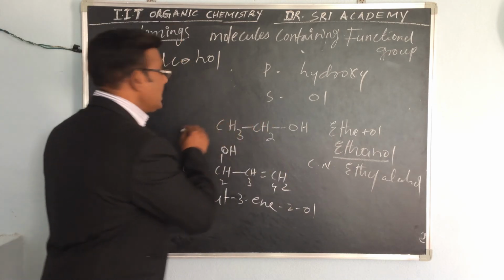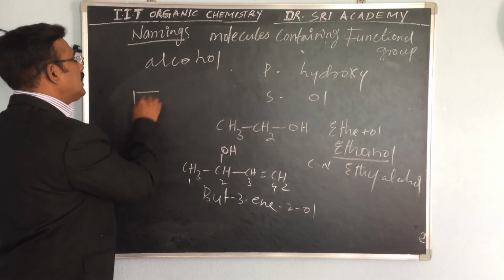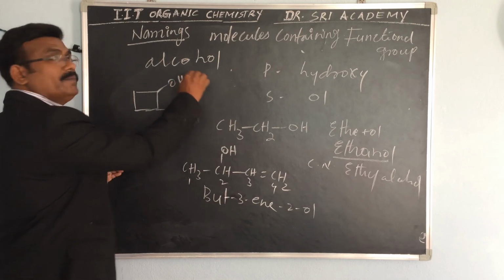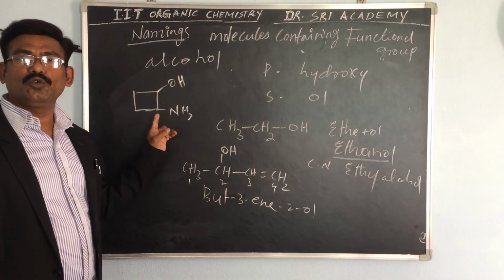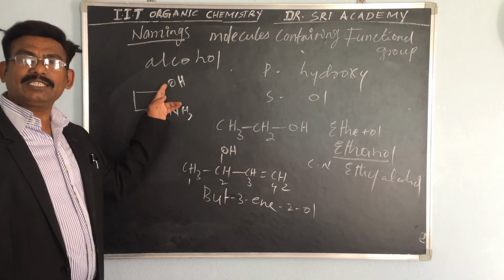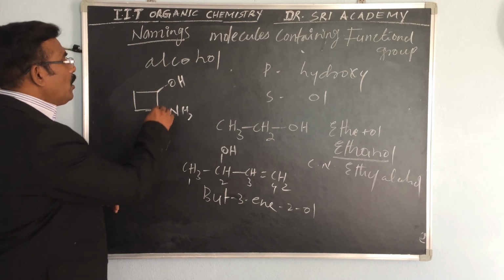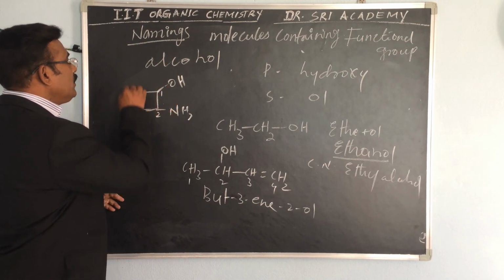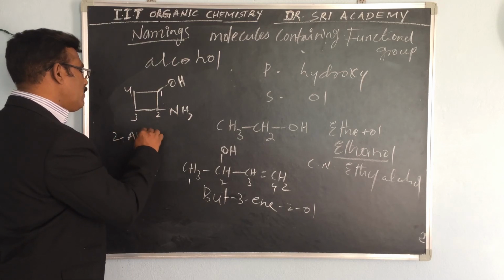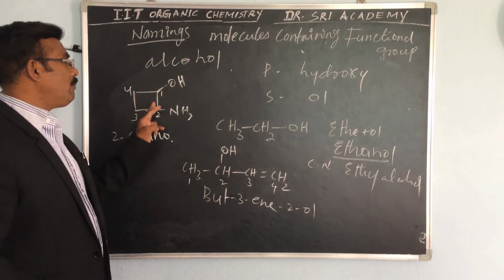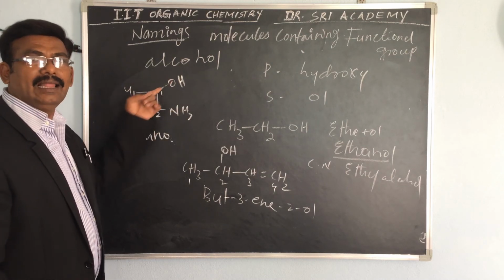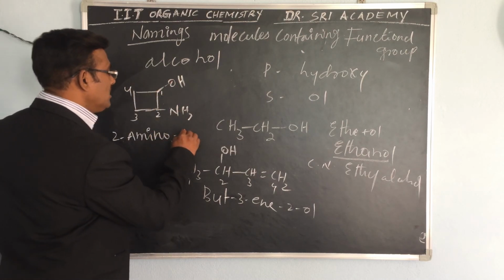If we take another example, a cyclic compound containing the NH2 group and OH group, how can you give the name? So among these, which one is the priority? The first one is this one. So 1, 2, 3, 4. So 2-amino cyclobutanol.